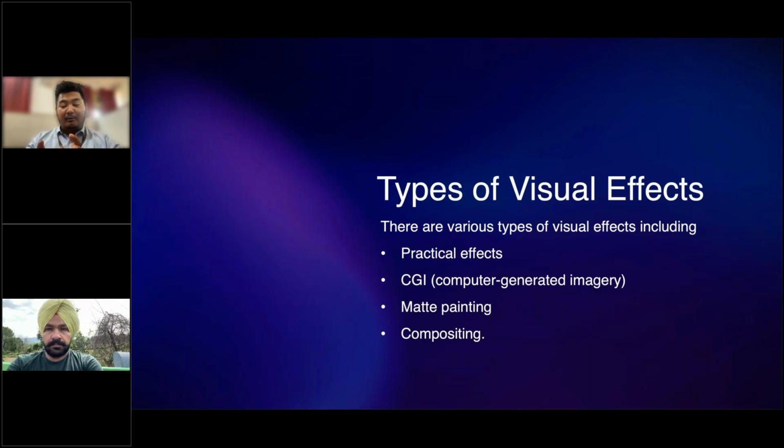Think about that: when even video editing was not possible through computers, how were they able to generate VFX? Let's take a small example. In the next slide, we will look at an example of how we can create practical effects.